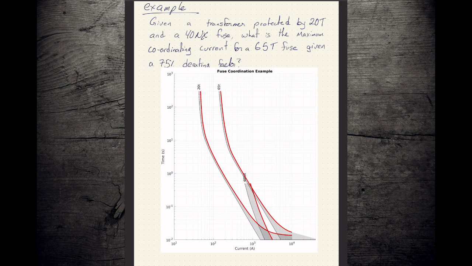How big a fault can you get before you run the risk that your upstream device operates instead of your downstream device? If we're using a 75% derating factor, right? So we're going to draw in that derating line, and the question is, where does it cross, and where's that coordinating point going to be?